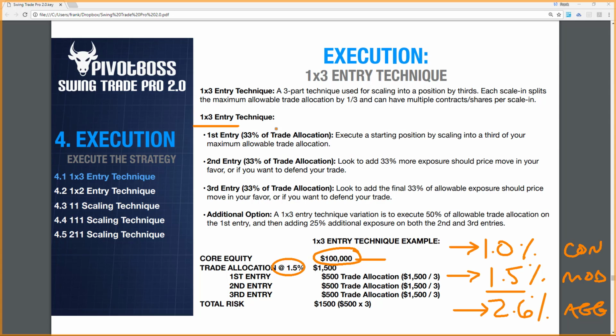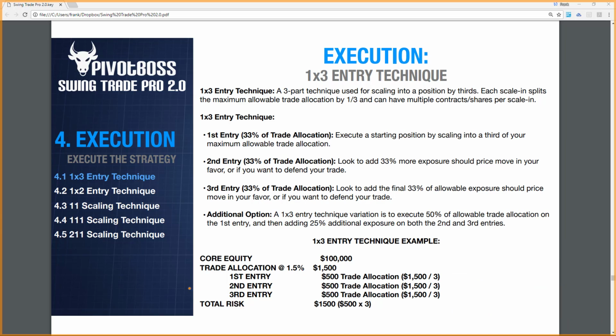Whatever is your maximum allowable trade allocation, split it in 3, and that is now your maximum allocation for each scale in. So right here, core equity, 100K, you have 1.5% trade allocation, which comes out to $1,500. Your first entry would be $500 worth of risk.